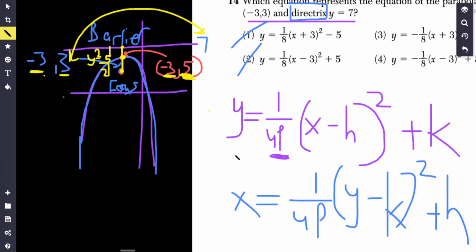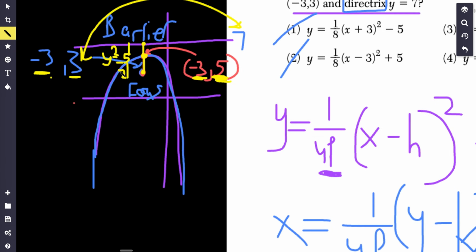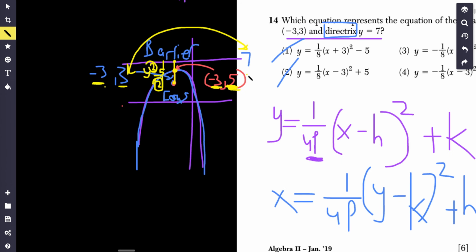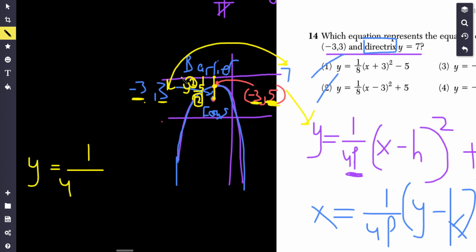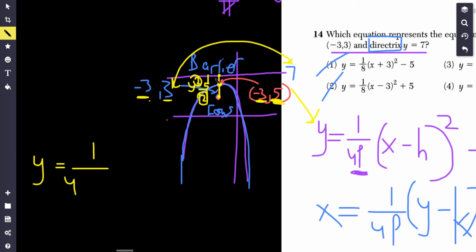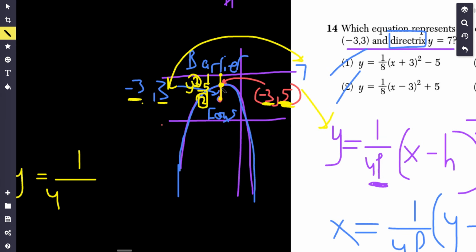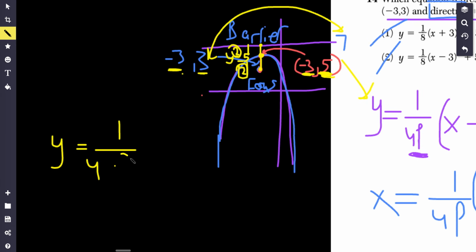All right, now that we have our distance from our parabola to our focus, and we have the vertex itself, we can just plug it into our formula. So it's going to be y is equal to 1 over 4 times p. p represents this 2, right? It's the distance from this vertex to the directrix. So it's going to be 4 times 2, which is equal to 8. And don't forget, our parabola is facing downwards, so in the front, it's going to have a negative sign.